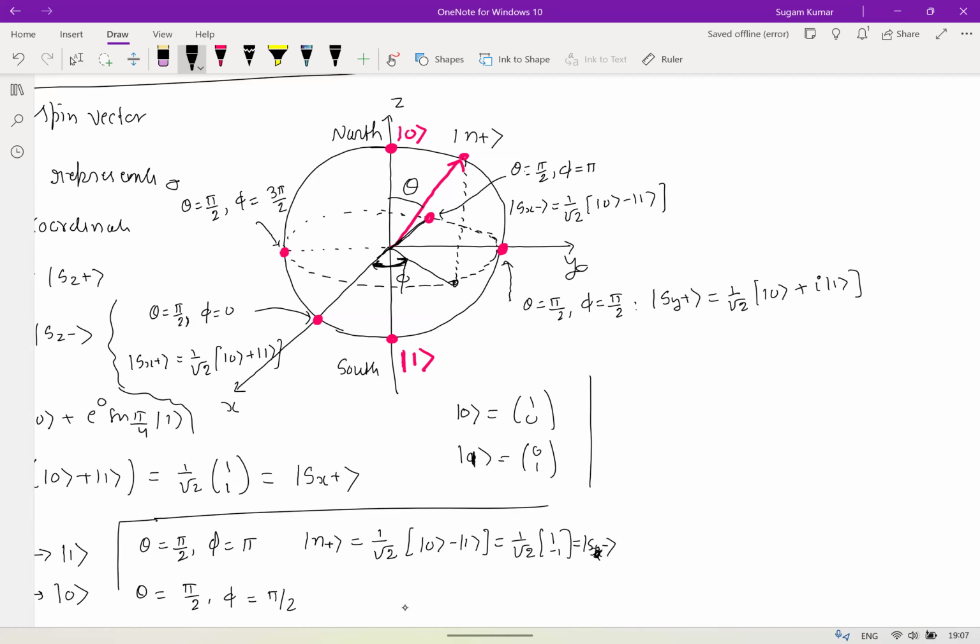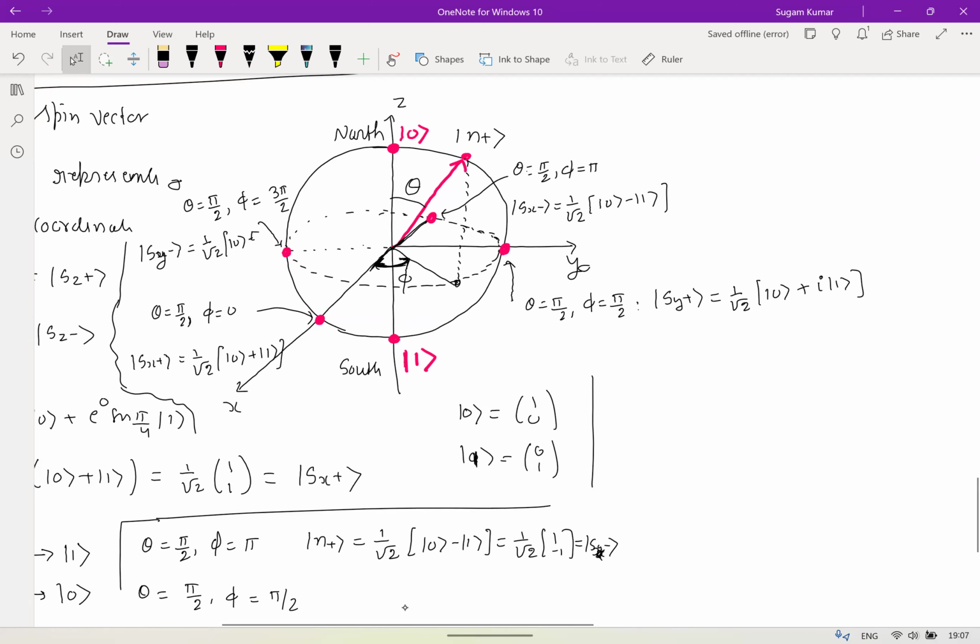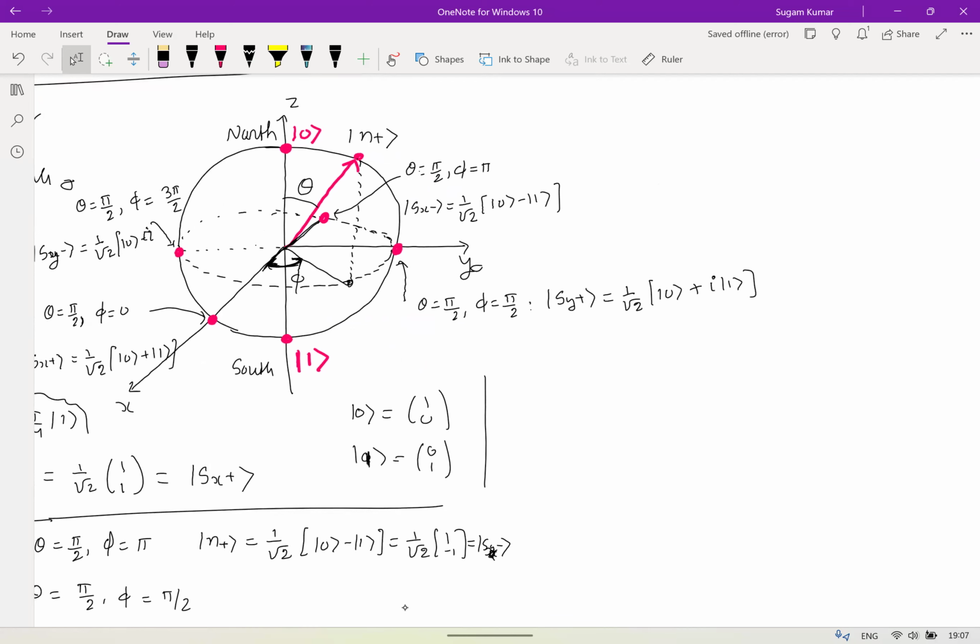You're measuring from the x-axis, so you can just move and come here, 3 pi by 2. And you can see here, this is going to become S_y minus, and this is 1 by root 2 times (1, 0) minus iota times (0, 1). Very good.